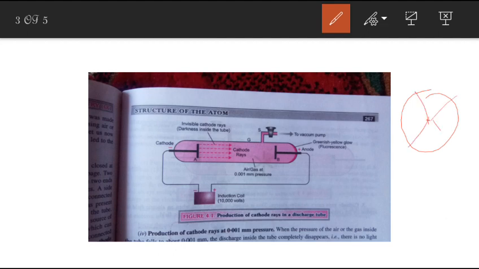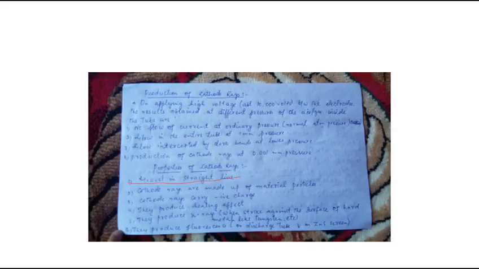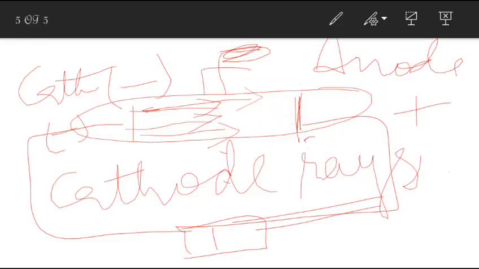This is a wheel. This is, for example, the cathode, the negative terminal from which these rays were produced.